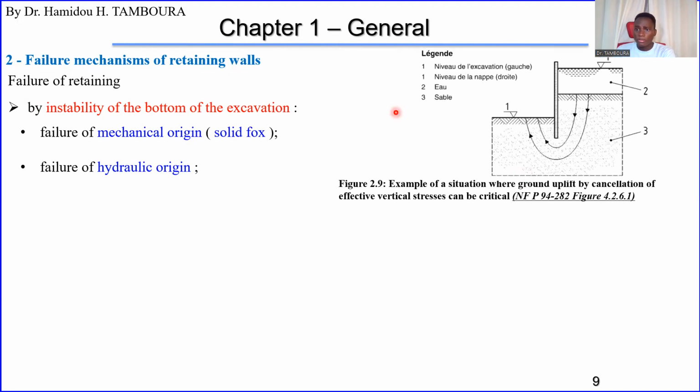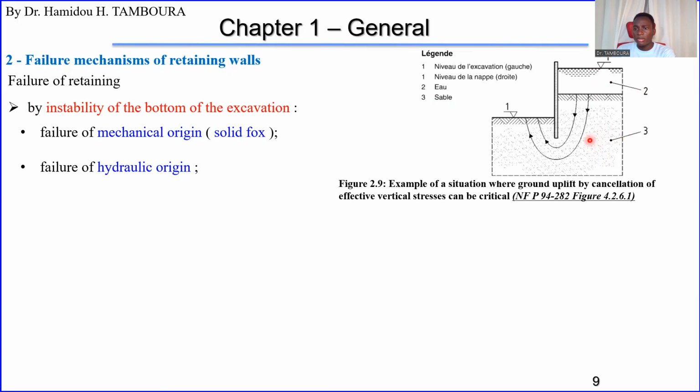We have here the retaining wall and the excavation is done here. Number one here is the level of the excavation. This number one at the right side is the level of water. The water table is here. Okay, so all this is water, number two.